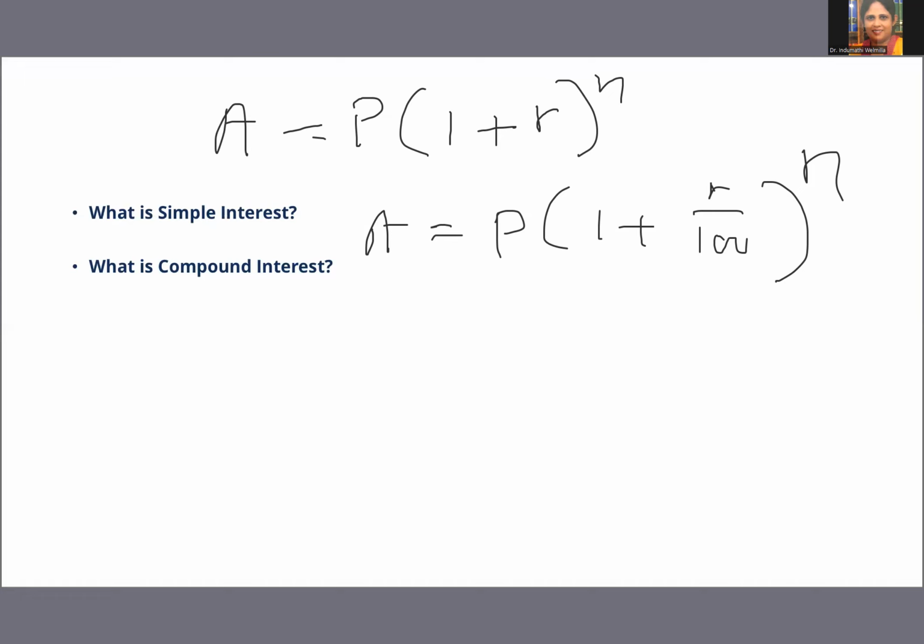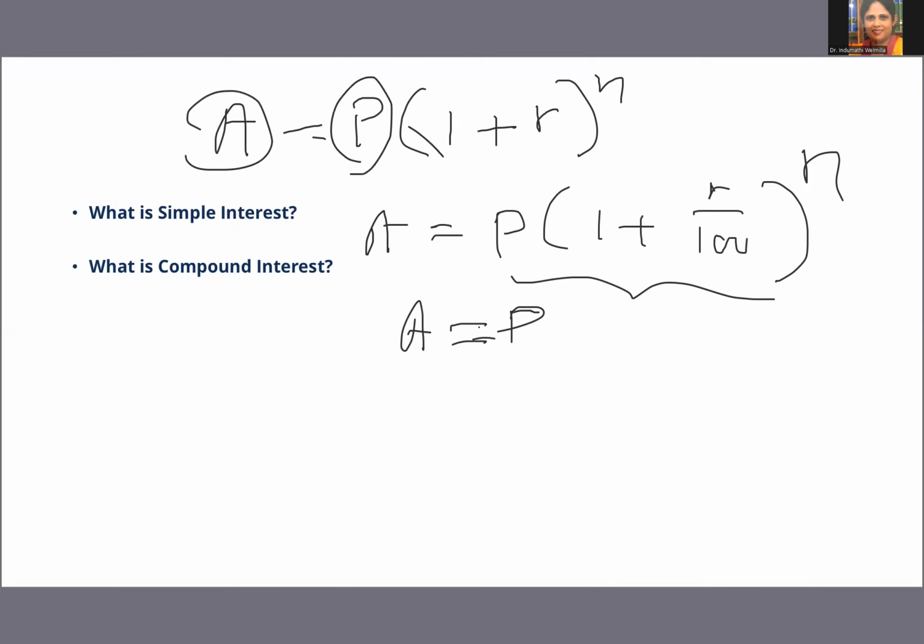If you want to find only the interest, then you can deduct this whole value from the A. Because A is the total value, P is the principal amount, R is the interest rate, N is the time period in years.